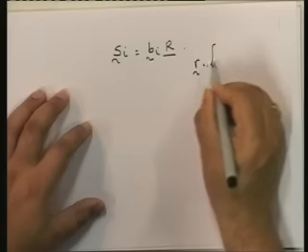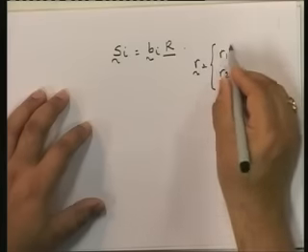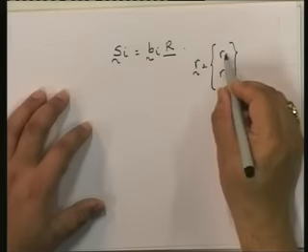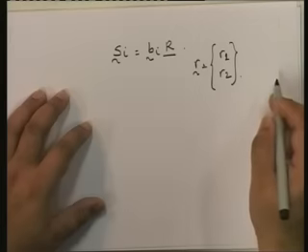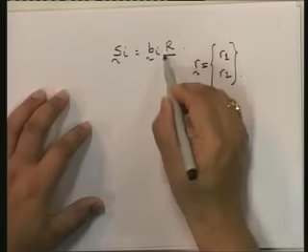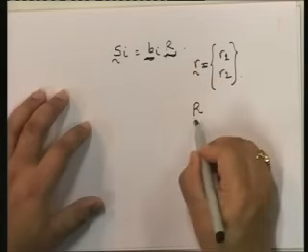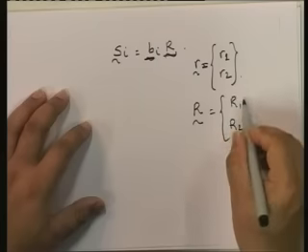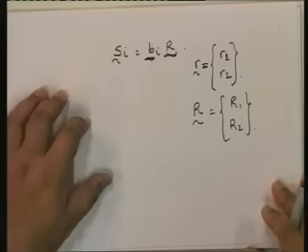In this particular case, we are finding out small r is equal to R1 and R2, those are the displacements at the top and at the hinge. Therefore capital R will be R1 and R2, corresponding to the forces.